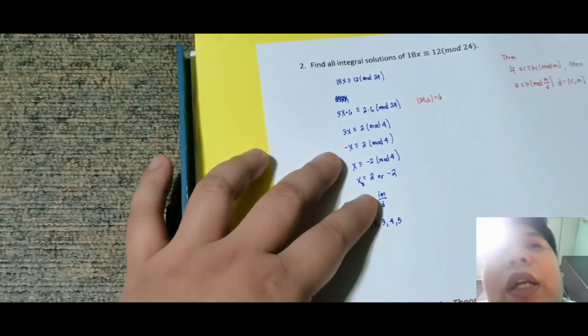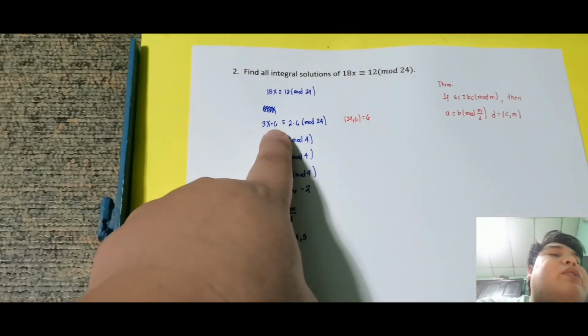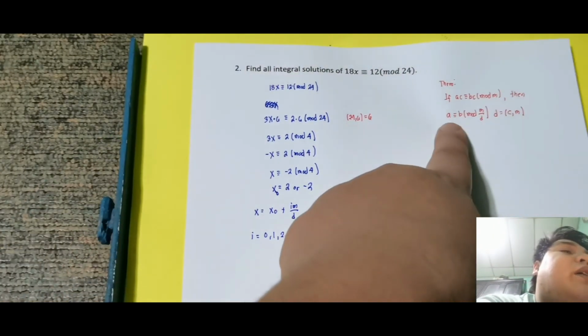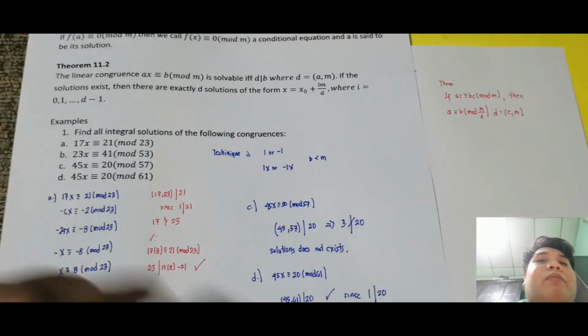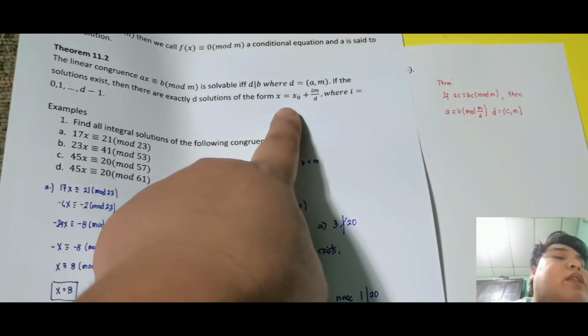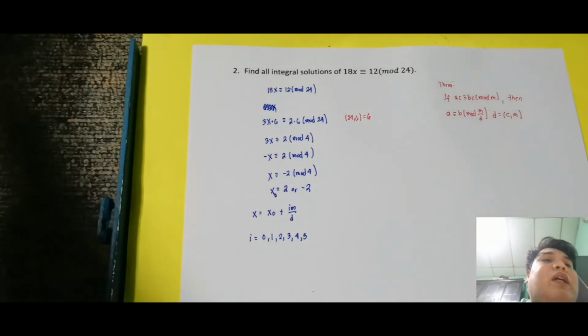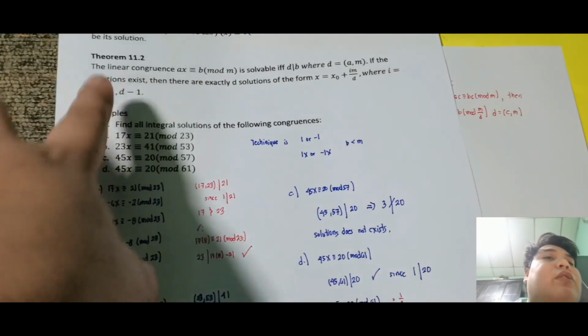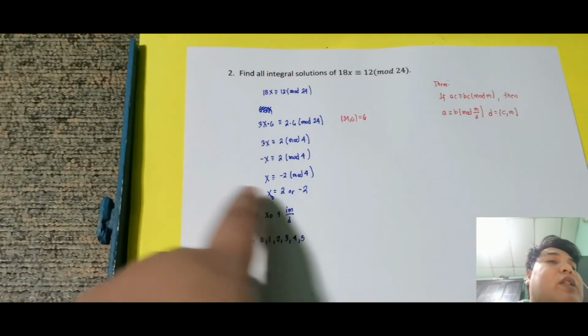Sir, bakit po x naught? Kasi, tinanggal natin yung 6. Nag-factor tayo something. So, whenever ginamit mo tong theorem na to, follow up na gagamitin mo si Theorem 11.2 o yung format na to, yung solution na yan. Tandaan mo, gagamitin mo automatic to. Yung x is equal to x naught plus im over d. Therefore, yung nakuha ko kasi ditong x naught, that is 2.